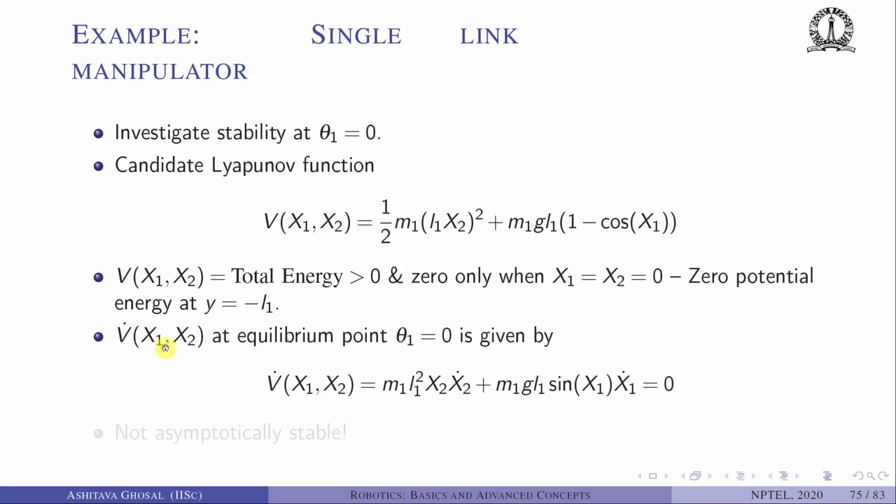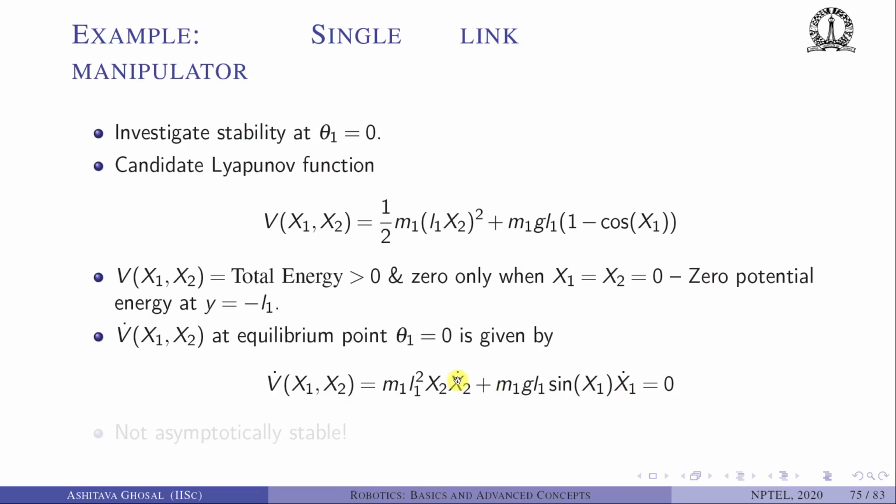The derivative of this V of x1, x2 at theta1 equal to 0 can be obtained, and we can see it is equal to 0. You will get some m1 L1 square x2 into x2 dot, plus sine x1 into x1 dot. And what do we do with x1 dot and x2 dot? We use the state equations and substitute them here.